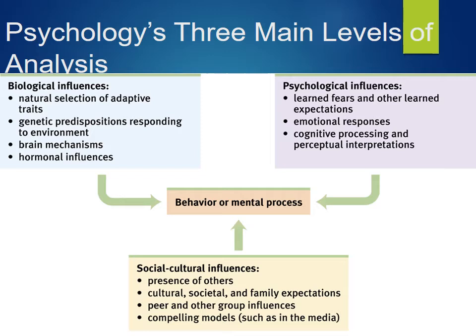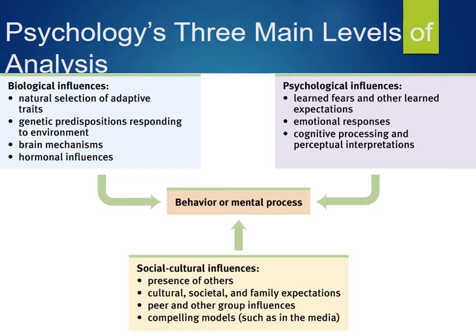So you then go into your psychological influences: learned fears, other learned expectations, things that could be cultural, things that are unique to maybe your family, emotional responses, and your cognitive processing and perceptual interpretation. So how you're perceiving the world.